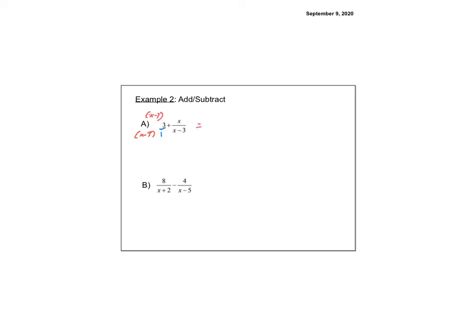Alright, so if I multiply both of those by x minus 3, I can take my 3 and distribute through the x minus 3, and I get a 3x minus 9 plus x, all over the common denominator of x minus 3. Combine my like terms up there in the numerator. 3x plus 1x is 4x minus 9 all over x minus 3.